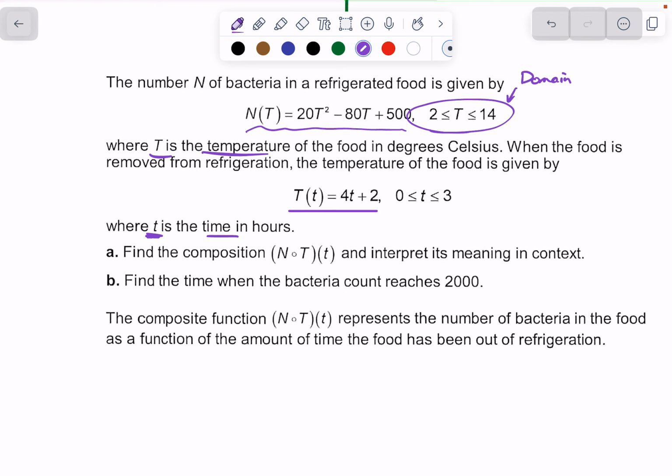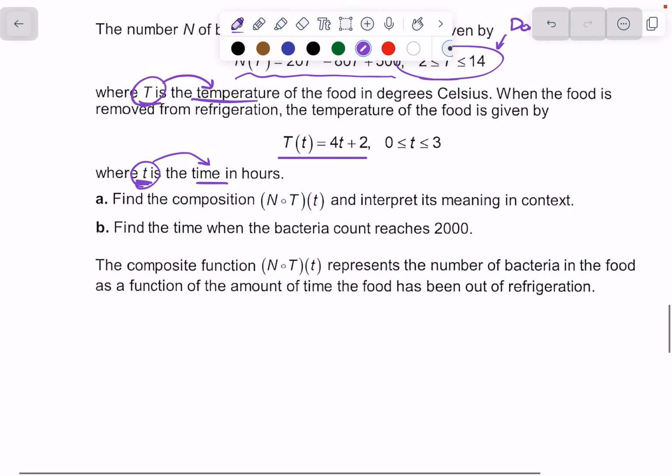So we have a capital T for temperature, lowercase t for time. Our temperature is a function of time, and our number of bacteria is a function of the temperature. So hopefully you can see how this composition thing is going to work here. We'll see in a second.